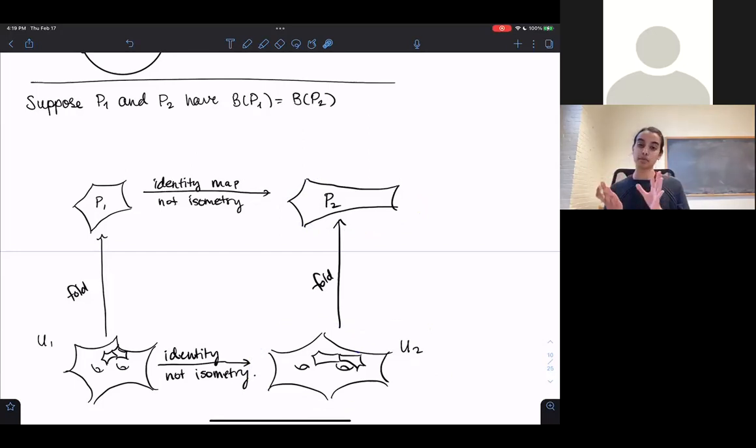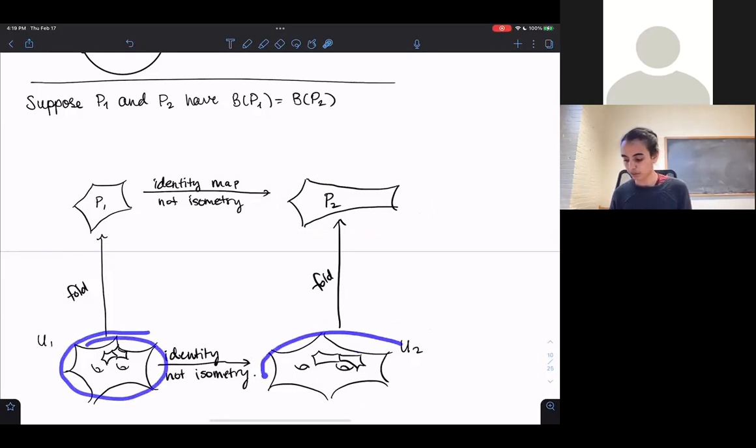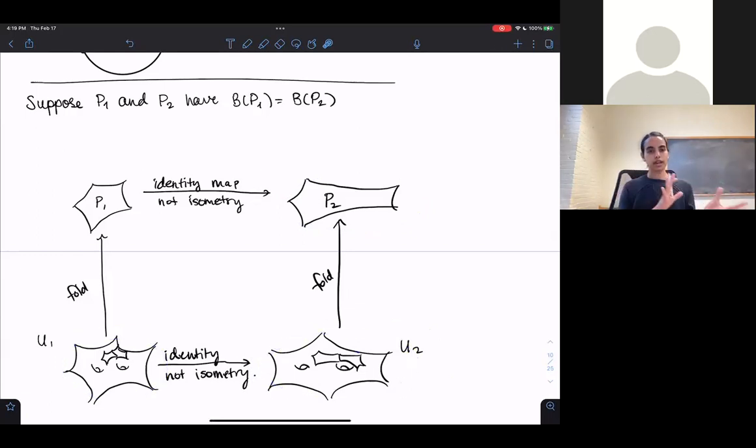Now, maybe some of the cone points don't have enough angle around them. If that is the case, we'll just take a higher cover. We'll unroll more around those cone points until we have 2 covers, one unfolding of P1, one unfolding of P2, so that they fold up in the same way.